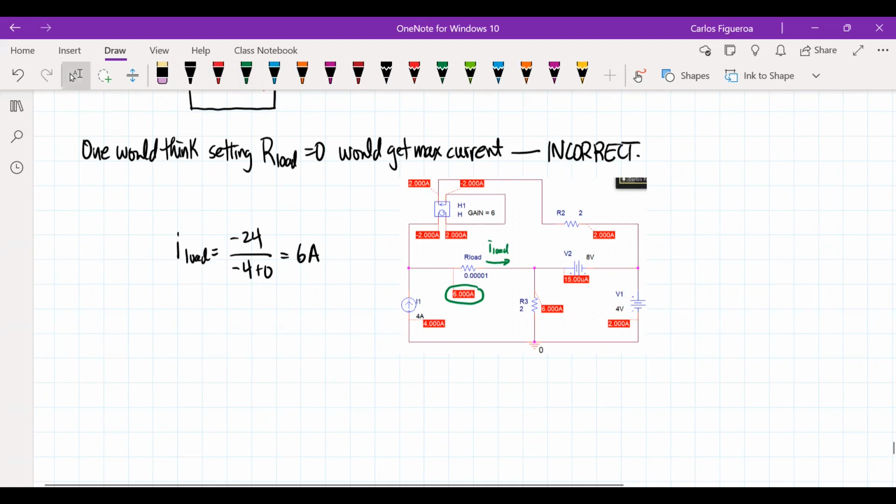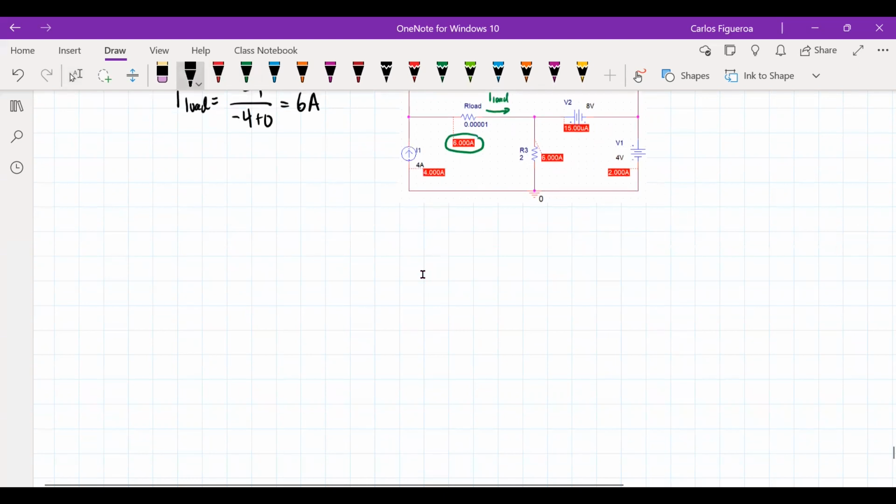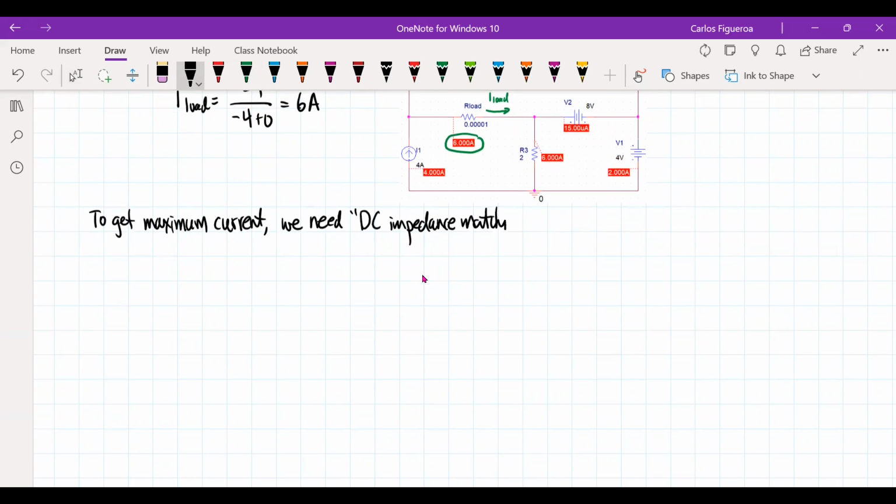So to get maximum current, we need DC impedance matching / resonate a DC circuit.